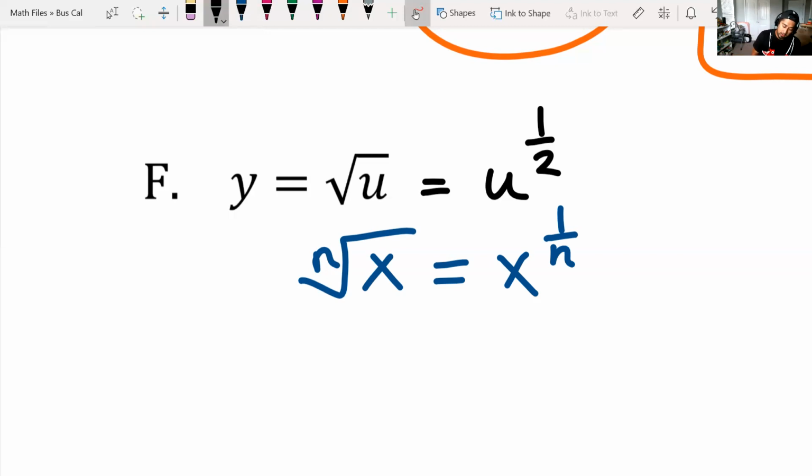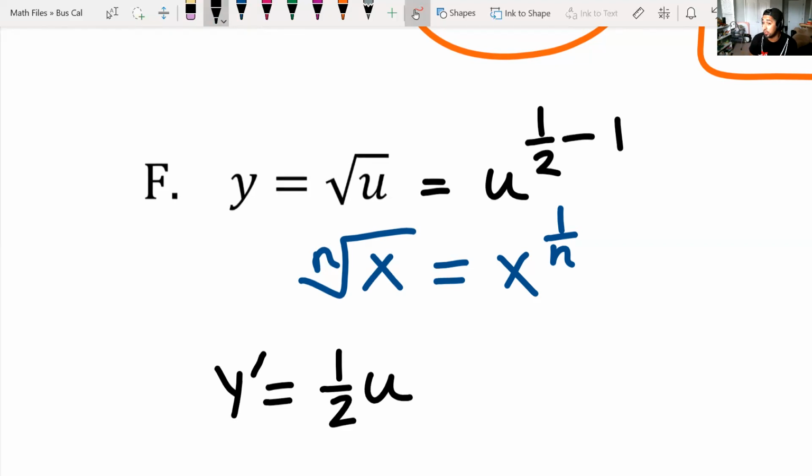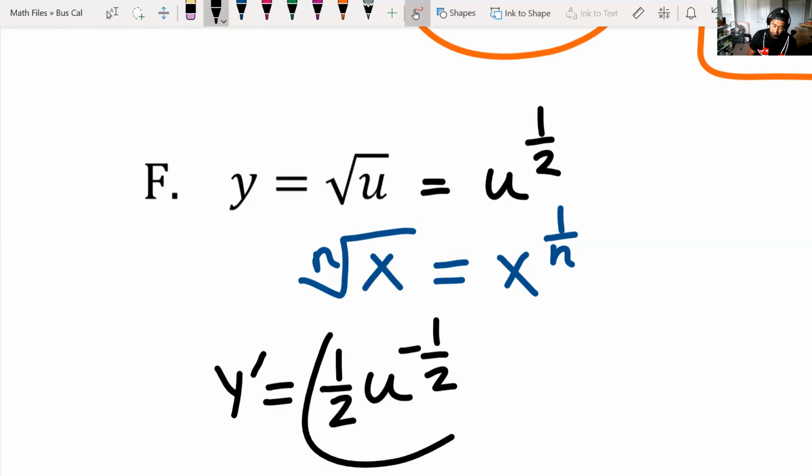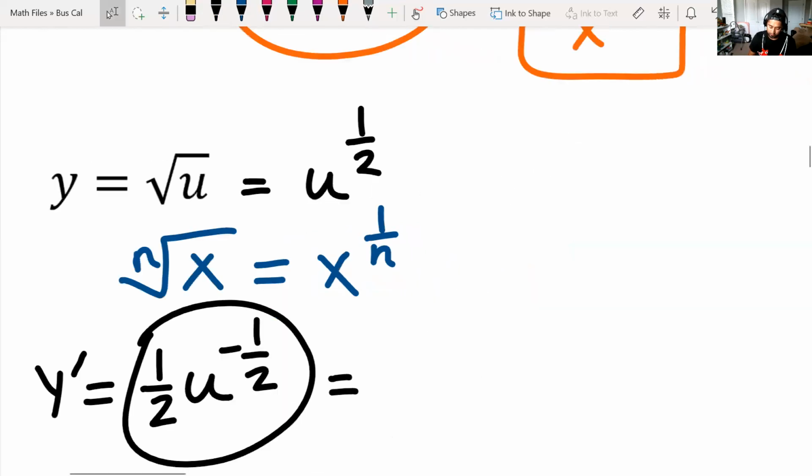Okay, which means let's continue with the derivative. Y prime is going to be 1/2 u, and when you subtract the 1, you get 1/2 minus 1, which will give me negative 1/2. Now, once again, cool, but if you have to rewrite it, then we must rewrite it.